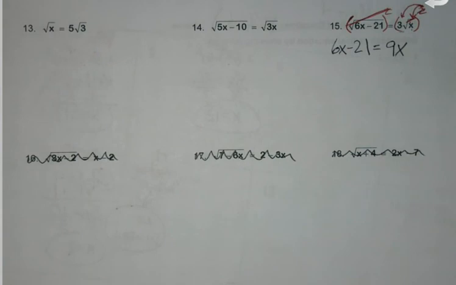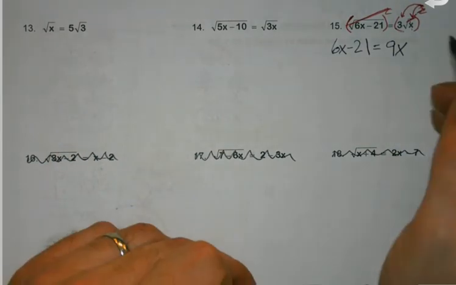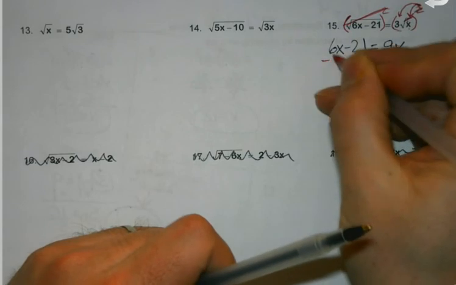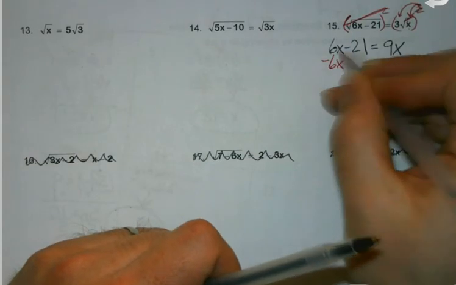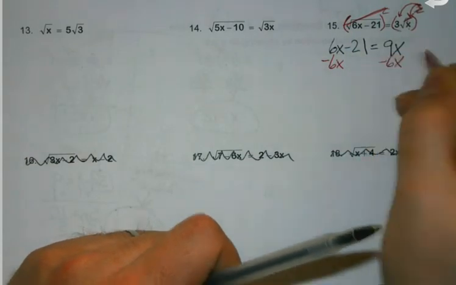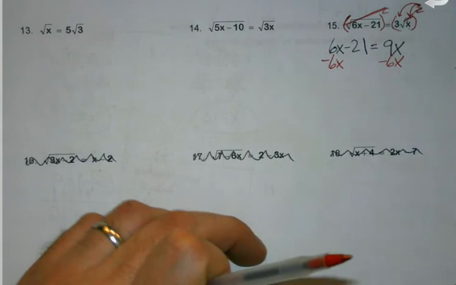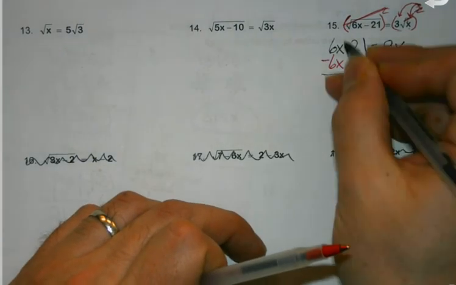So what might I want to do here next now that I'm rid of the radicals? I'm going to go with the -6 here because since I have x's on both sides, I want to get those situated first. If I just move the 21, I'm just going to end up moving it again in a minute.